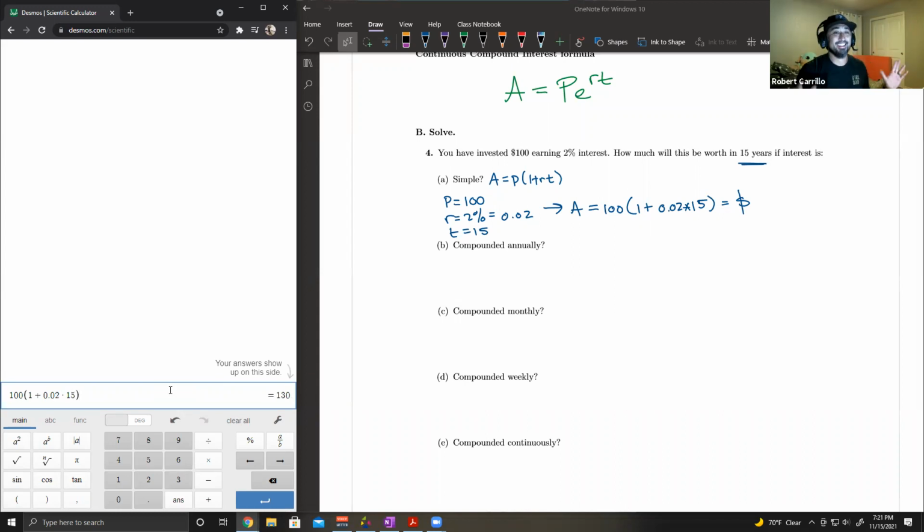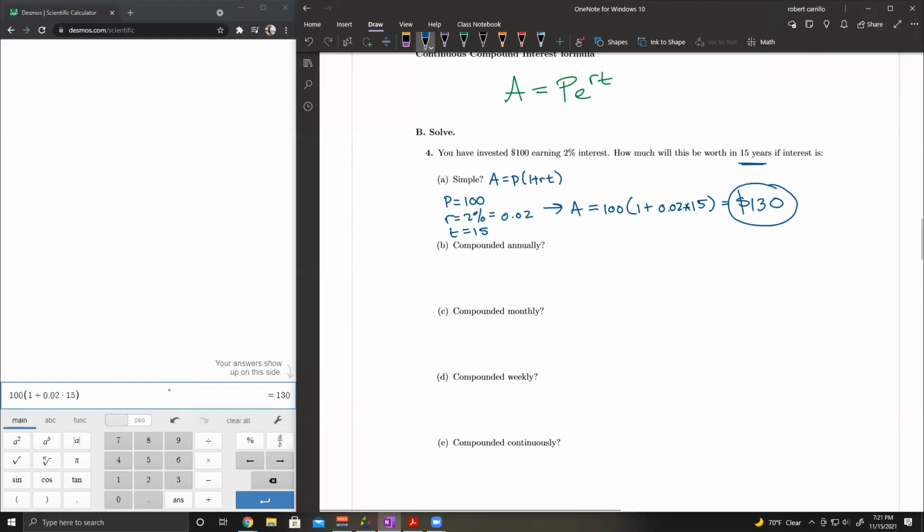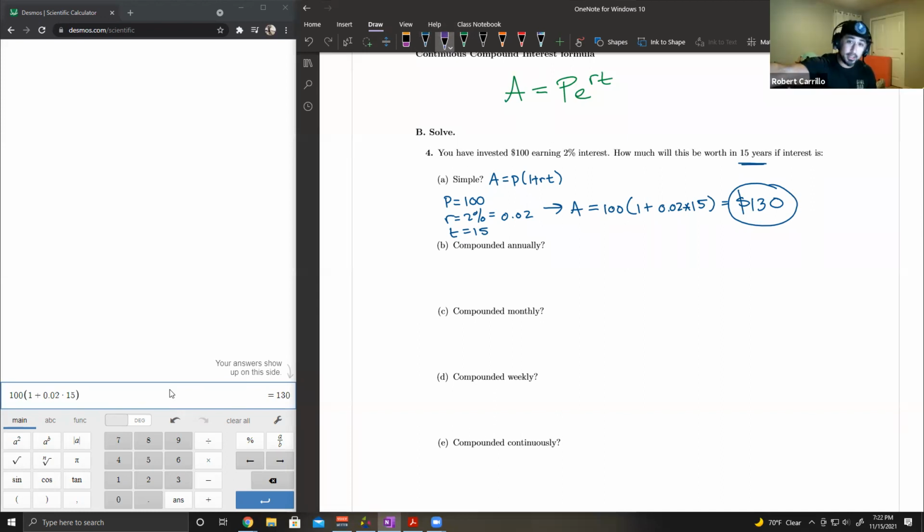And if we invest $100 at 2% interest for 15 years, at the end of that 15 years, we'll have $130. That's what I'm talking about. 15 years to make 30 bucks. What do y'all think about that? Not good. Not that good. Hey, it's free money though, right?